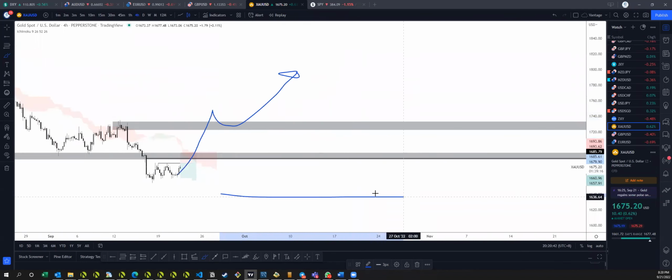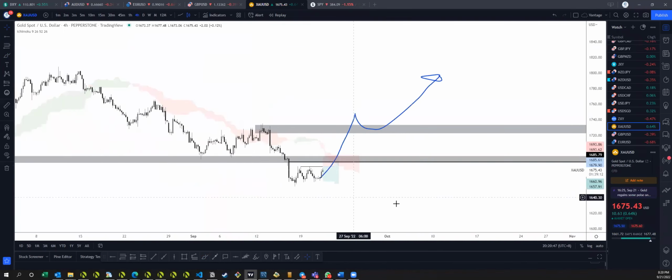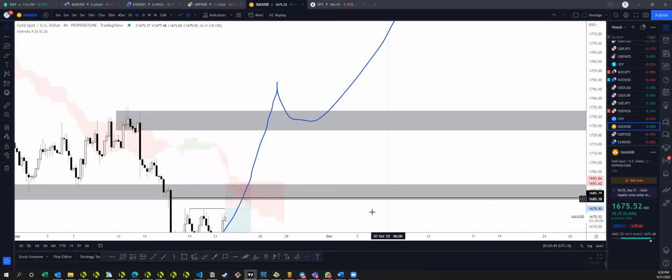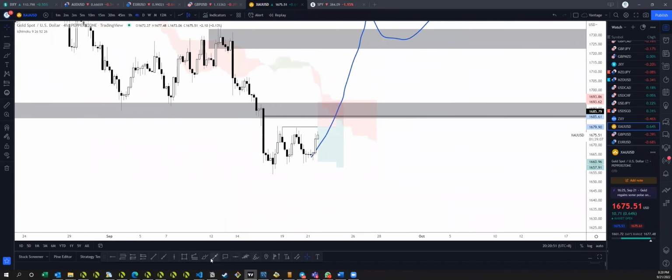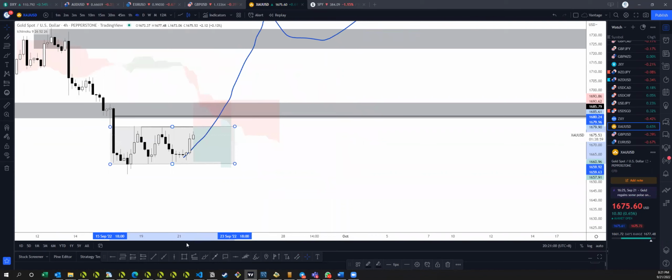And again, if you were to attempt this move, you would probably want to wait and see if prices retest this range here. So this was the first creation of the support.